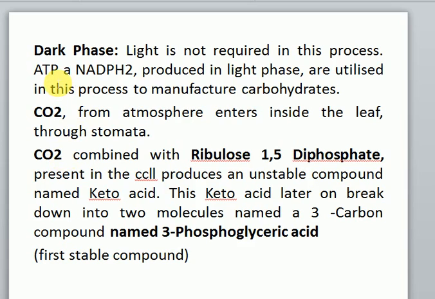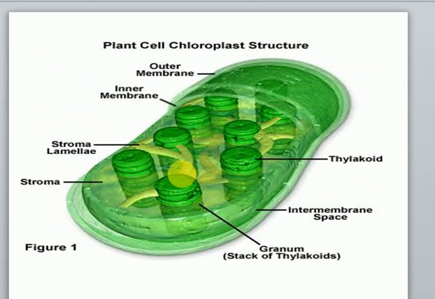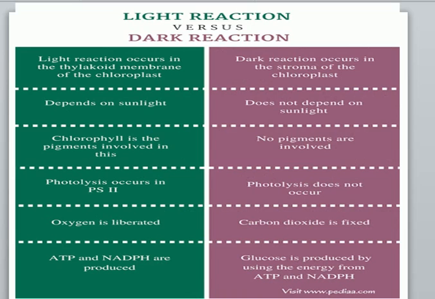So the energy we have formed during the light reaction stage will be needed in combining this H2 with this. So all of those processes are referred to as the Calvin cycle, which takes place in the stroma at this space.